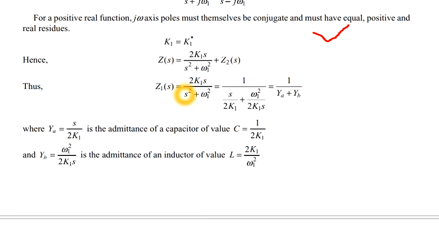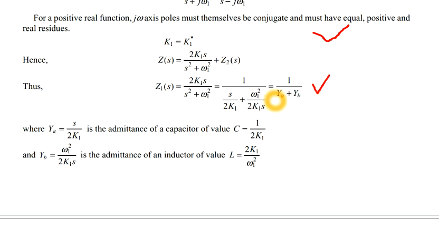Now let us consider Z1(s) as 2k1 s by (s square plus omega 1 square). Then how can we write this? 1 by [s by 2k1 plus omega 1 square by 2k1 s].